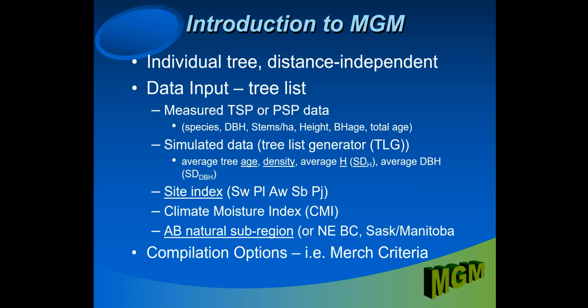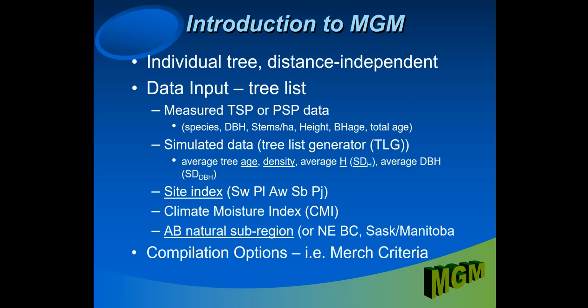If you provide a species, an average tree age, the density, an average height, standard deviation of height, an average DBH, and the standard deviation of the DBH, and on that list should be max height, you can generate a tree list for use, and we'll actually be using a tree list generated that way today in our demo.